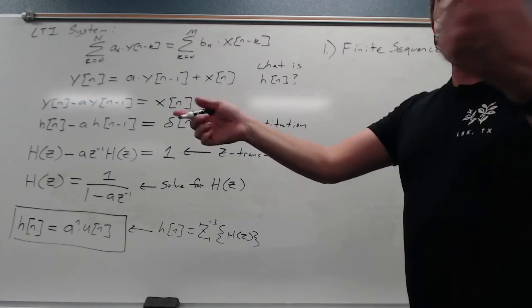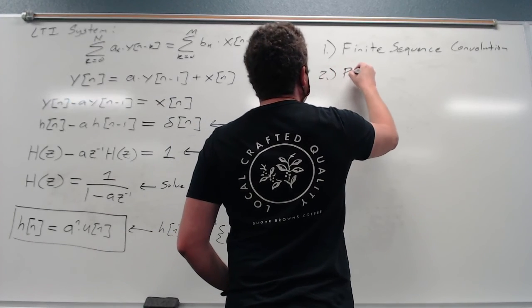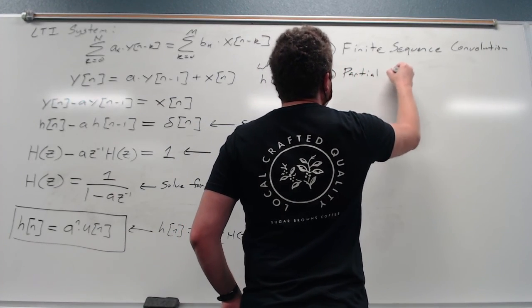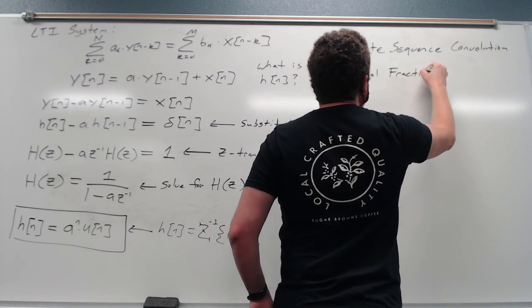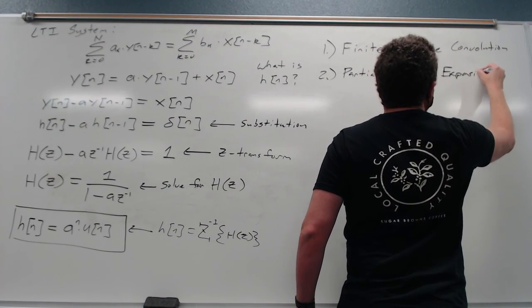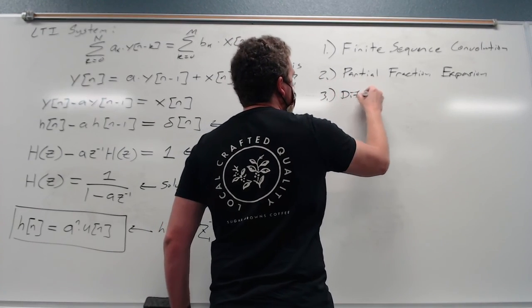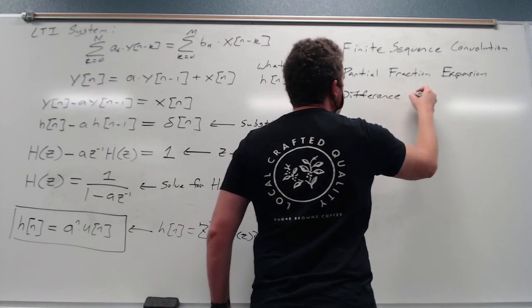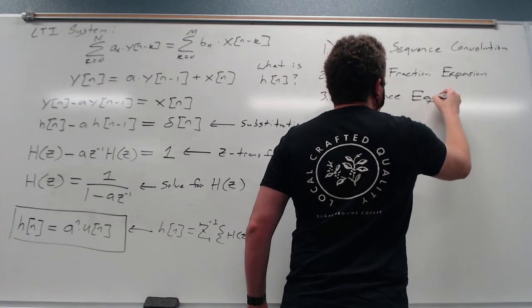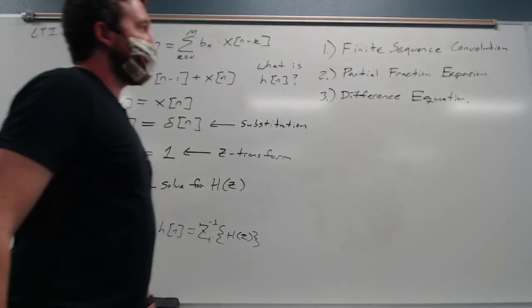That's the one where it was just a train of impulse sequences. Second, we did a partial fraction expansion method. And then this last one here was our difference equation. So it's 3 different forms of basically the same problem, which is trying to avoid doing convolution.